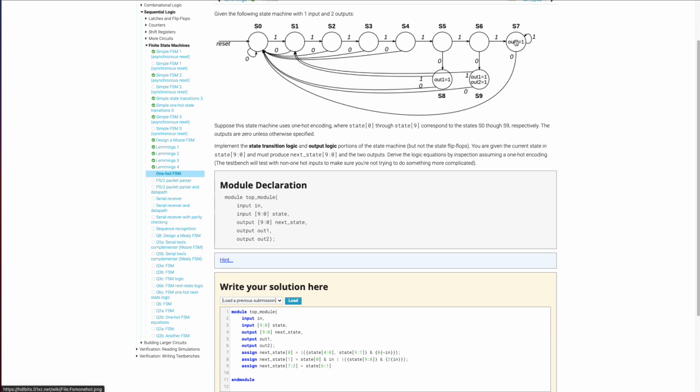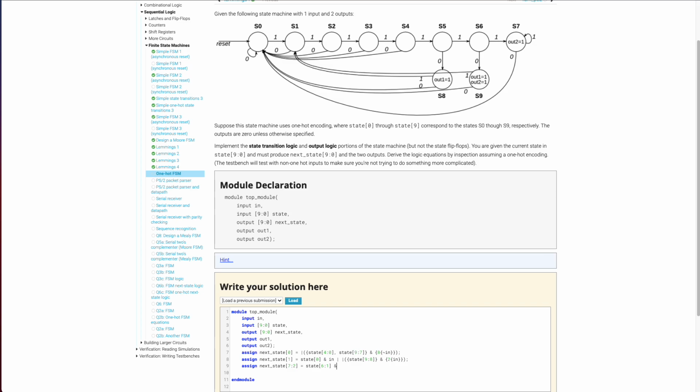So 7 requires S6 and 1. S6 requires S5 and 1. 5, 4 all the way to 2 requires S2 and 1. So there's only one arrow, so there's no reduction or anything.